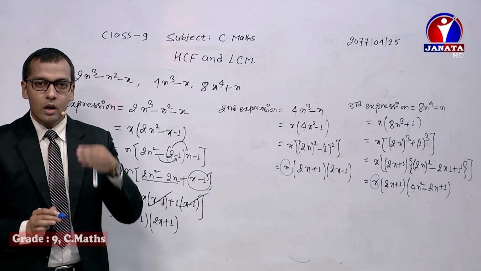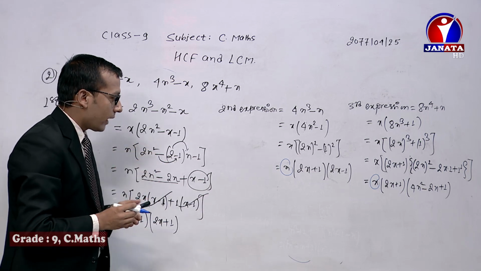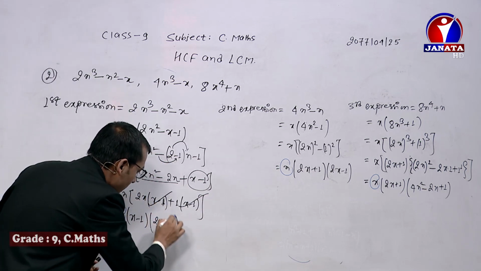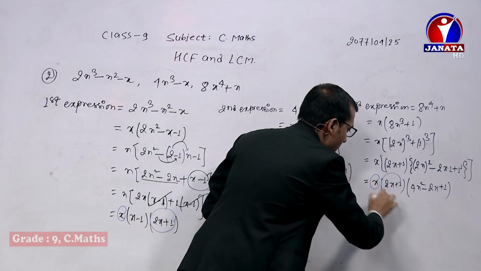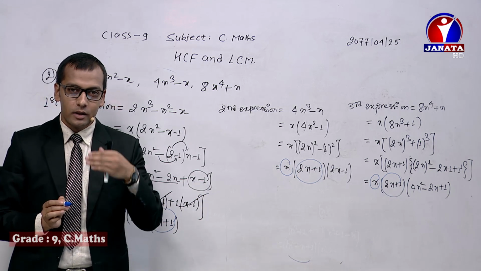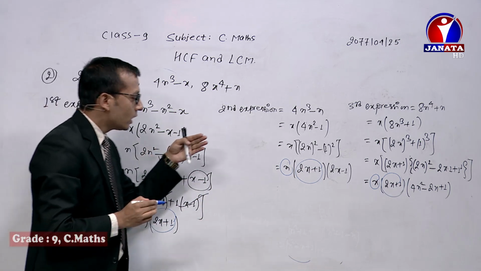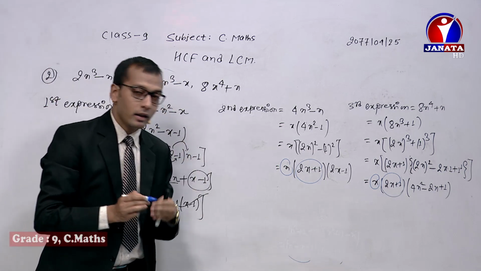So one common factor is x. Now, what are other common factors? We can see 2x plus 1, 2x plus 1, and 2x plus 1. So 2x plus 1 is also a common factor from all three expressions.